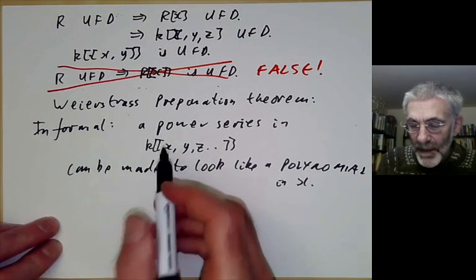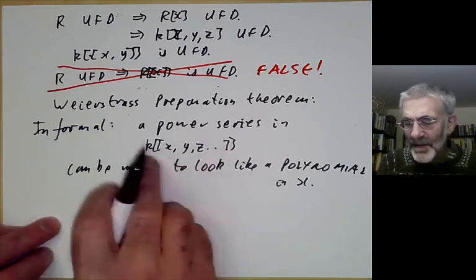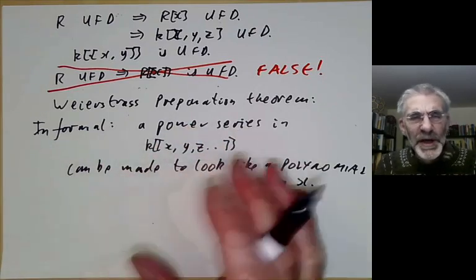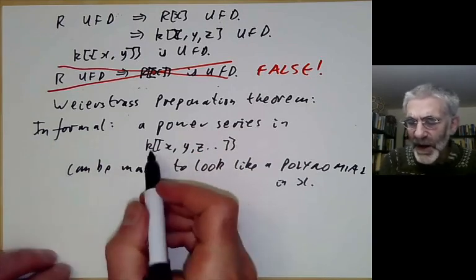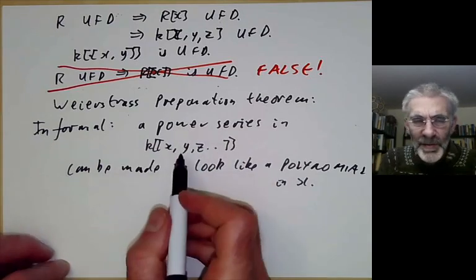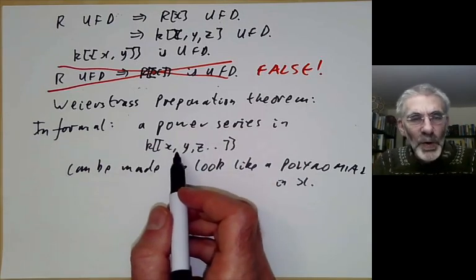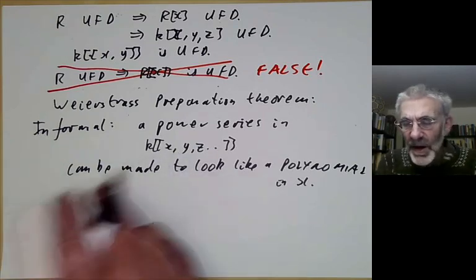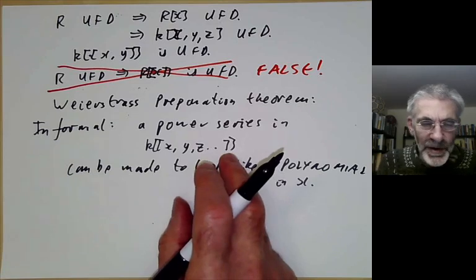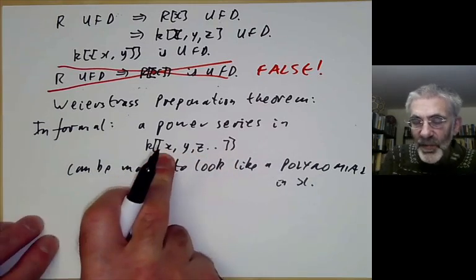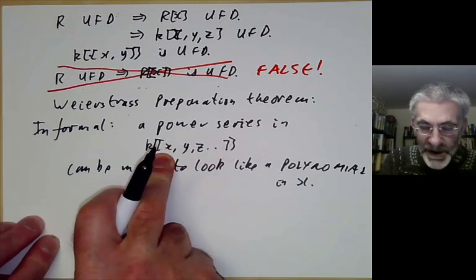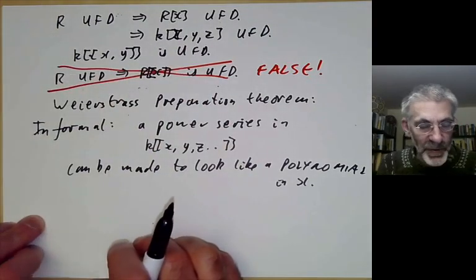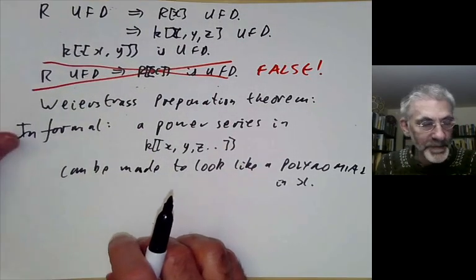You can think of this as being something like a sort of change of coordinates. So here we've got a function which looks rather complicated, but by changing coordinates and massaging the function a bit, we can sort of make it look like a polynomial, not in all coordinates, we can't do that, but we can at least make it look like a polynomial in one of the coordinates. And this will be enough to push through the proof of unique factorization.